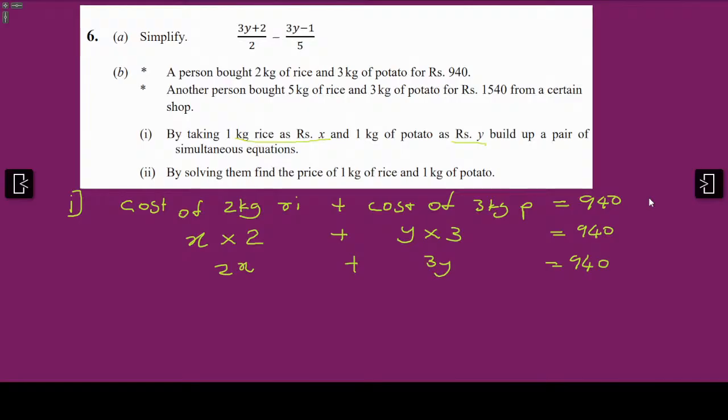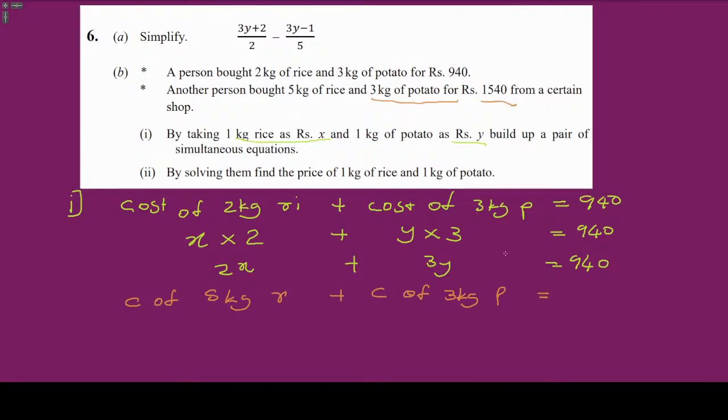Alright, the first person's story is done. Now let's look at the other guy. The other person bought 5 kilograms of rice. So cost of 5 kg rice plus he also buys 3 kilograms of potato. Cost of 3 kg potato altogether is 1540.